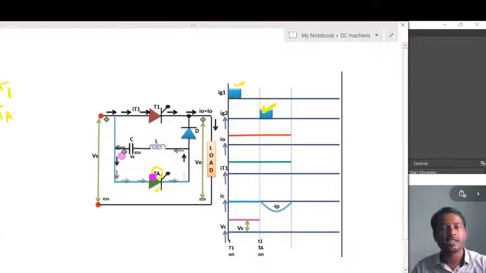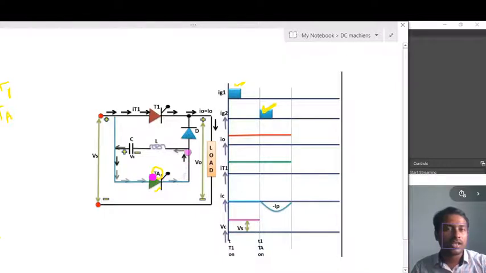So the capacitor discharges through the auxiliary thyristor to the inductor in this direction.